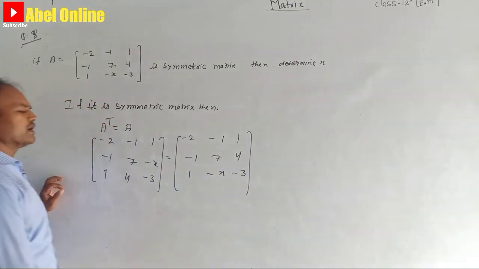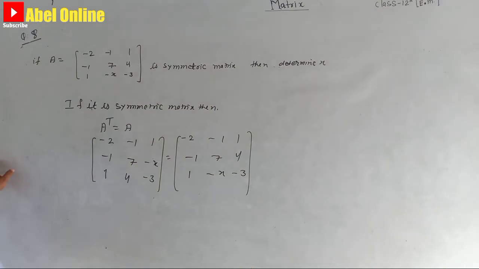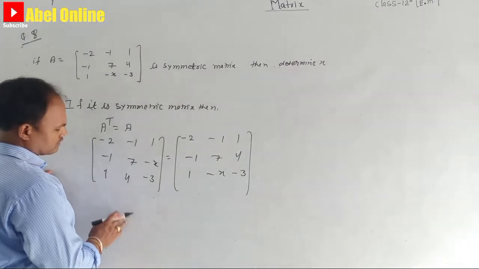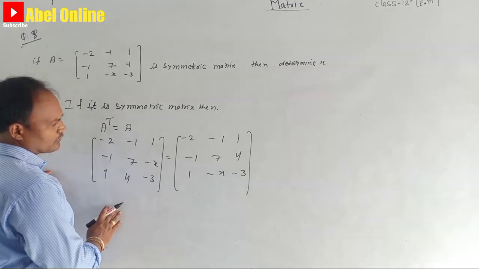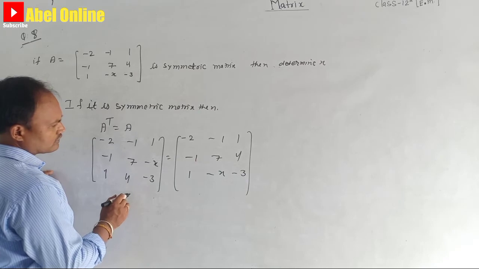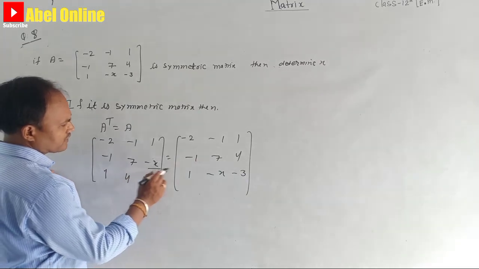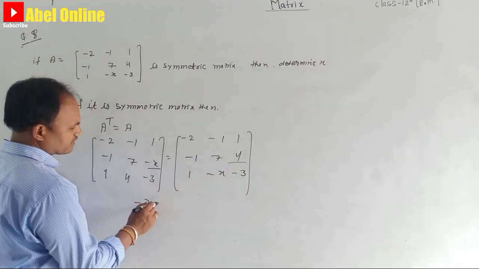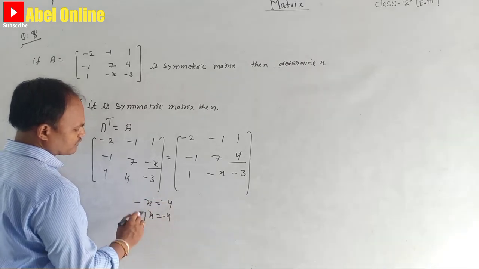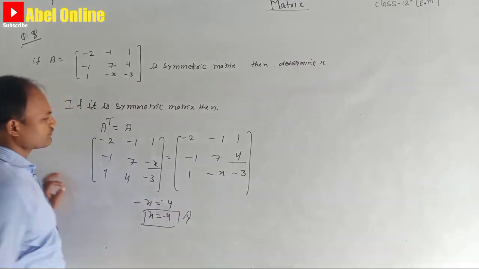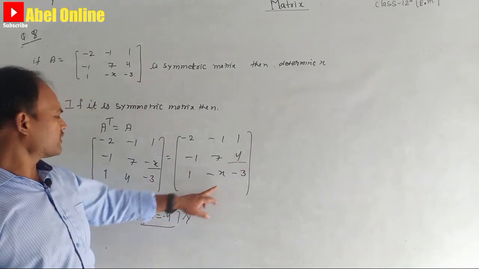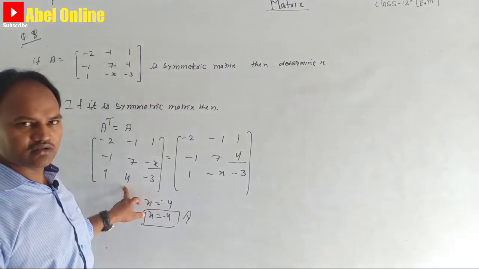Comparing corresponding elements, -x is equal to 4. So x equals -4. This is the answer. This is very simple.